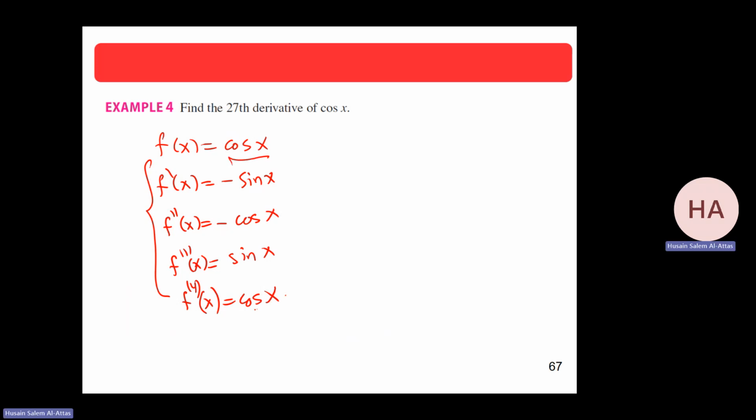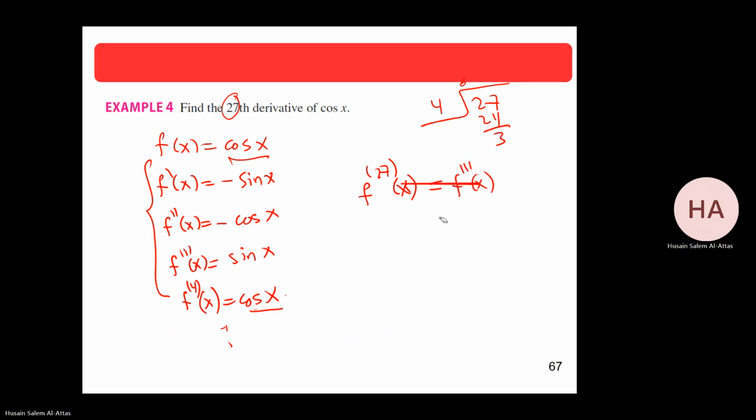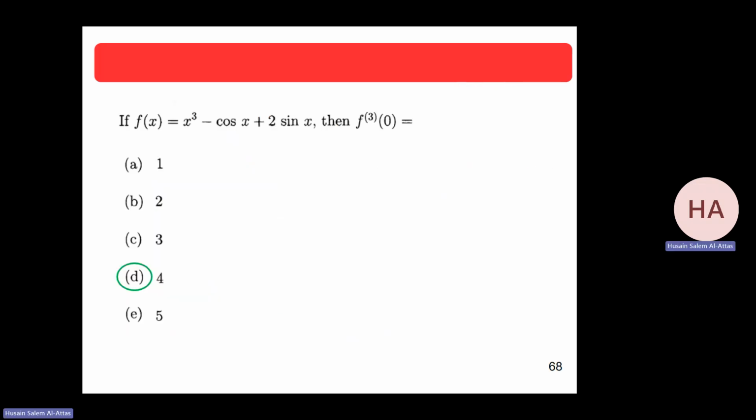This is starting with cosine, and the fourth derivative, I'm getting to the cosine. So every 4, it will repeat itself. So what I will do, I will look at this 27, you want to find the 27th derivative. I will do 27, since it repeats itself by 4, that will be 6, 24, 3. So this is the same as the third derivative, which is sine x. That's the idea.